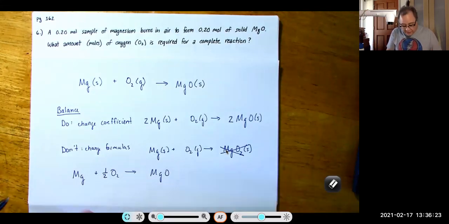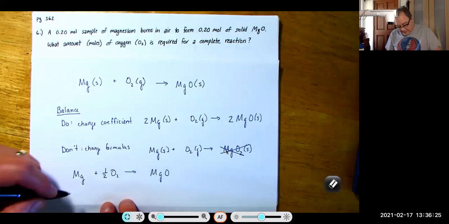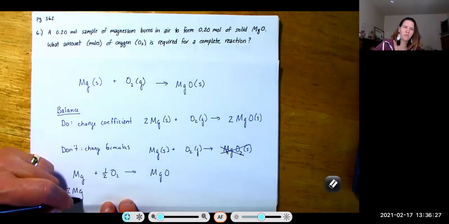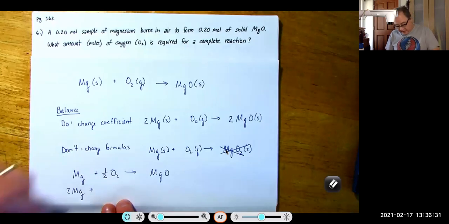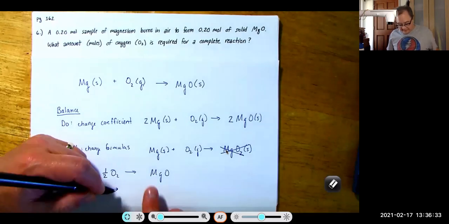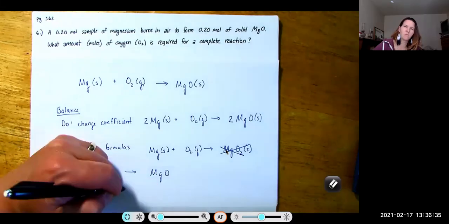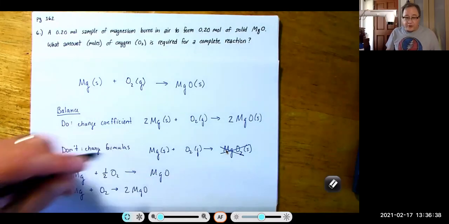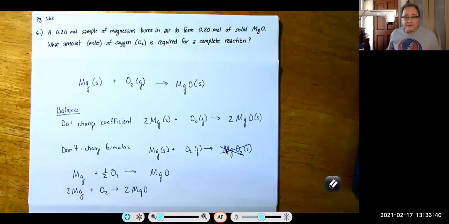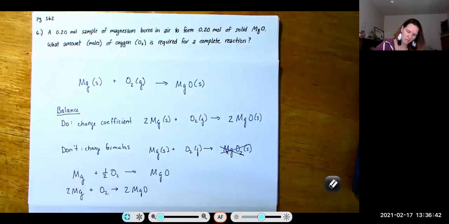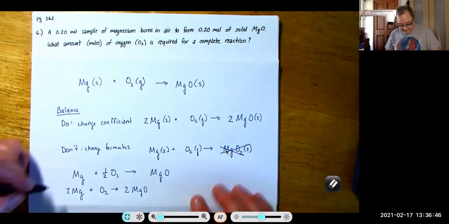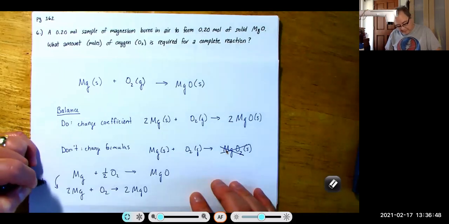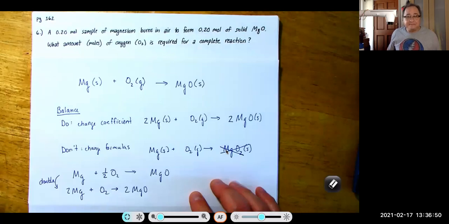So what happens when we double 1? It becomes 2. What happens when we double a half? It becomes 1. And what happens when we double 1? It becomes 2. So this is a kind of useful trick. It's the half trick, if you will. Okay. Go ahead and use a half coefficient, but then double everything. Okay? Perfect.